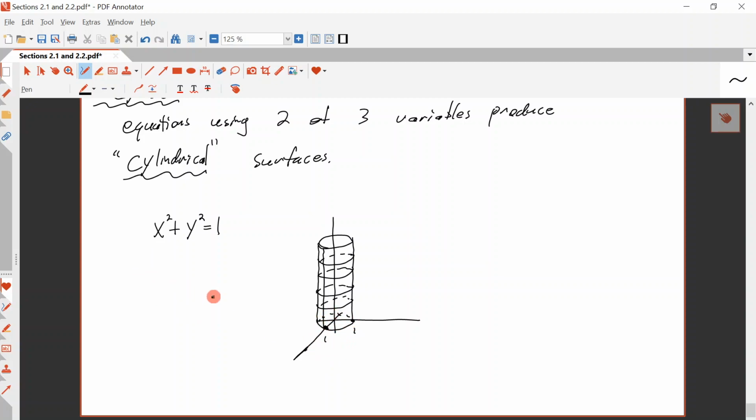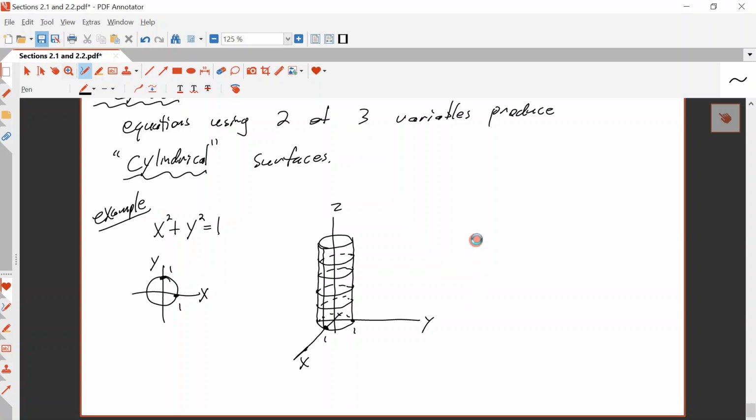So in 2D, you just get that circle of radius 1. That's x, that's y, and then in 3D, you still have that circle of radius 1, but you extend it in the z direction. So that's an example, and that's an actual cylinder.